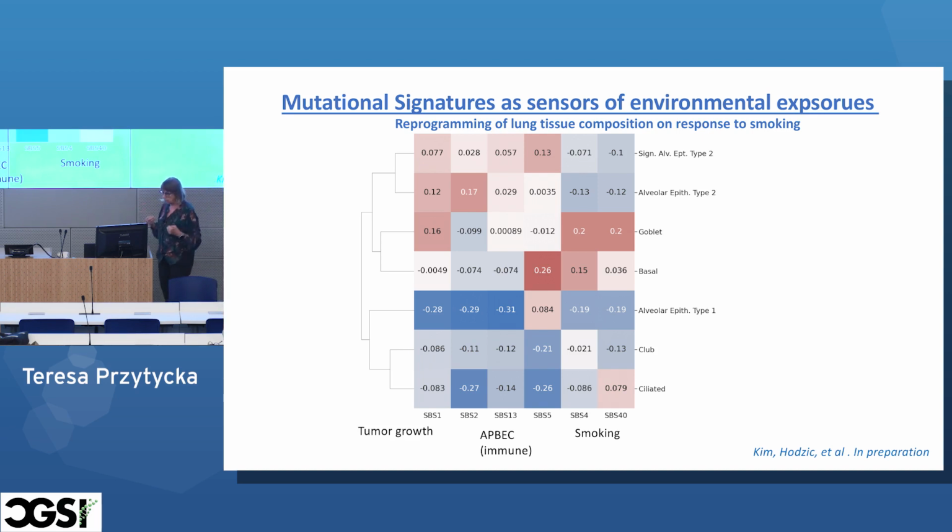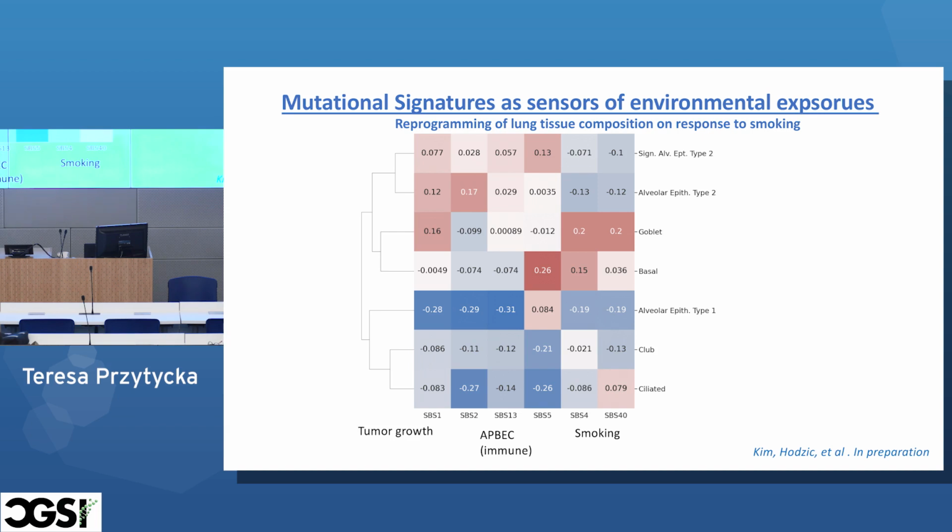But there's a kind of middle ground that we decided to explore: what if we take control tissues from cancer patients, use the cancer patients to read the strength of mutation signatures, and look at the control tissue to see what happens in the control tissue in correlation with those signatures.